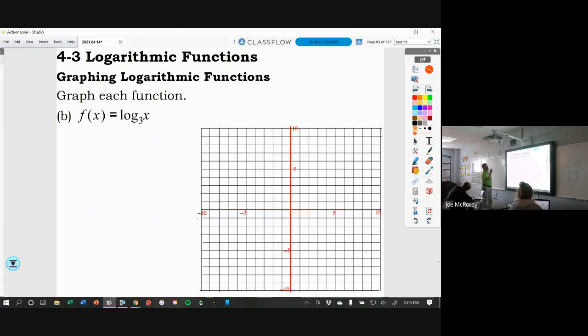Base is 3. Power is... the thing is x. 3 to the -1 power is 1/3.